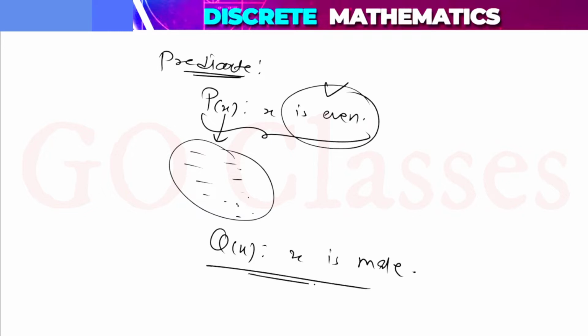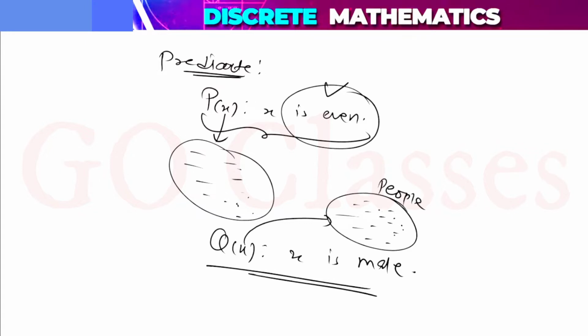Now when you see this statement, if I ask what values x can take, naturally it will come to your mind that the domain of x is the set of all people. So the domain means the set of possible values that this x can take.